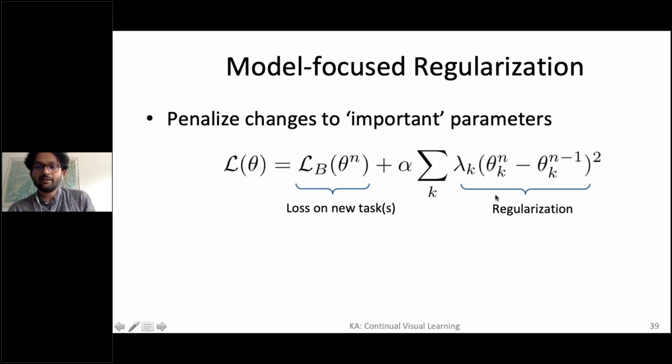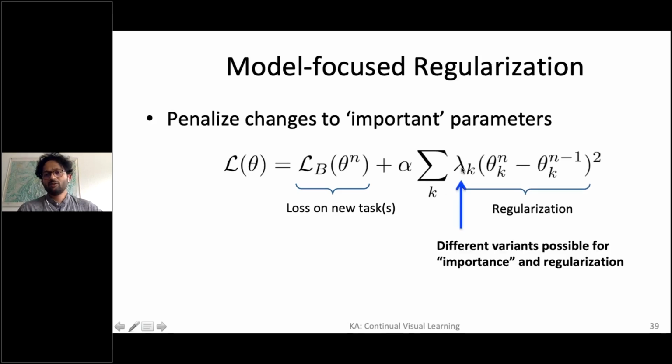So people have also come up with using weights for weighting, saying, okay, some of the parameters theta are more important than the others. So we have different variants that are possible for this importance of parameters, and that changes the regularization that you're doing in this model focused approach.